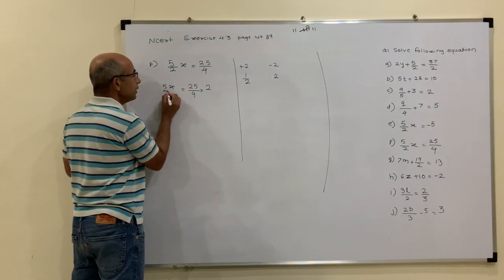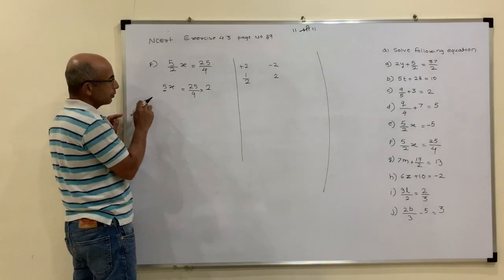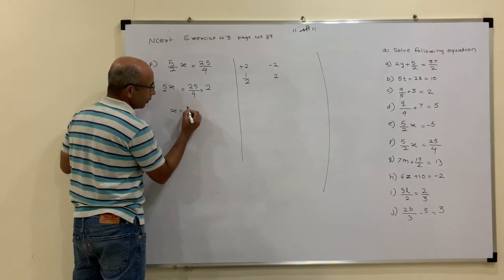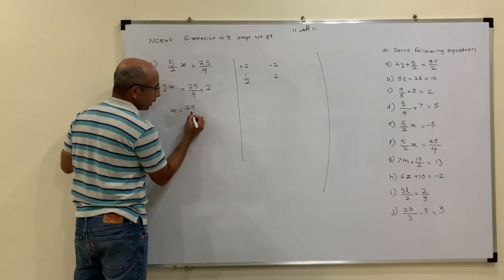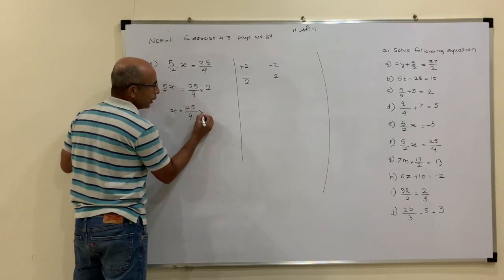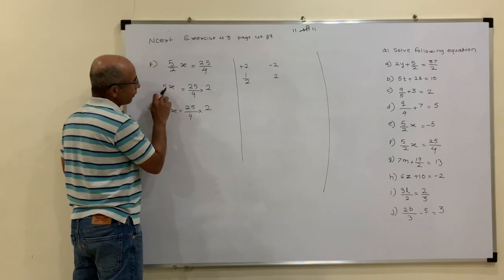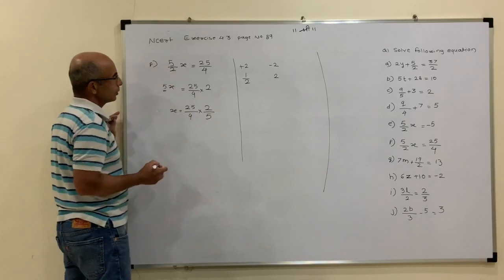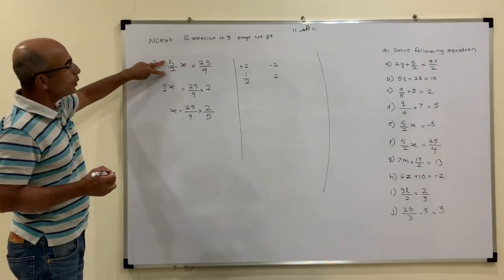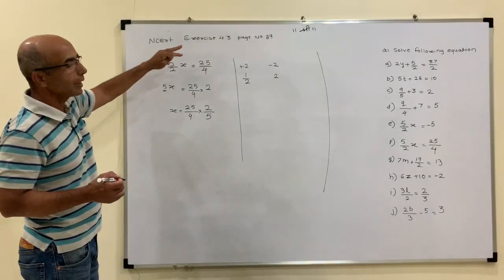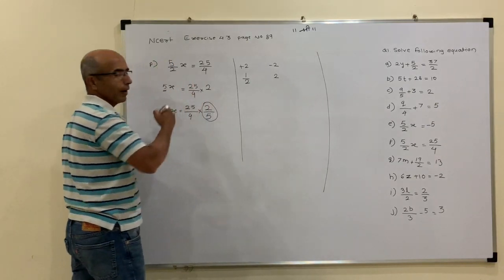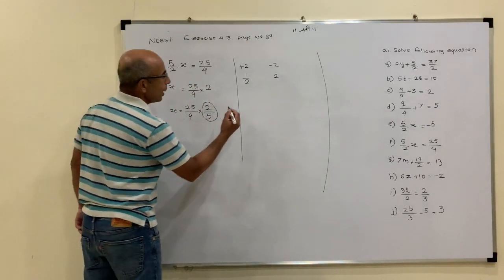Now this 5 is multiplied, so I am transposing 5 onto the right hand side. So my value of x equals 25 divided by 4 into, now since 5 was multiplied, it is divided. So now you understood that 5 by 2, when I transpose onto the right hand side, becomes 2 by 5.